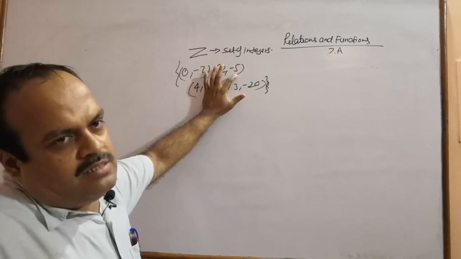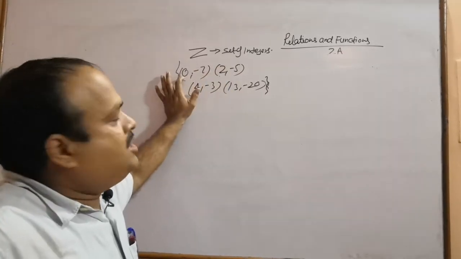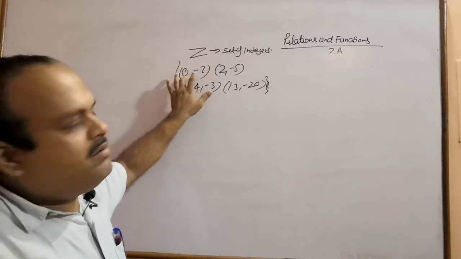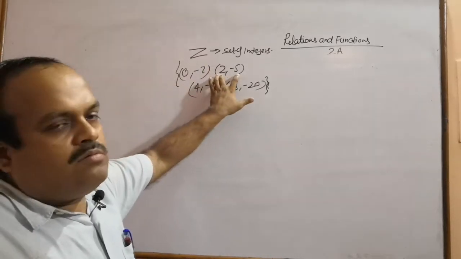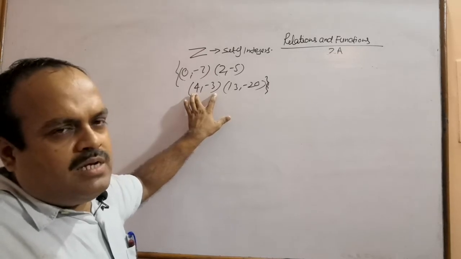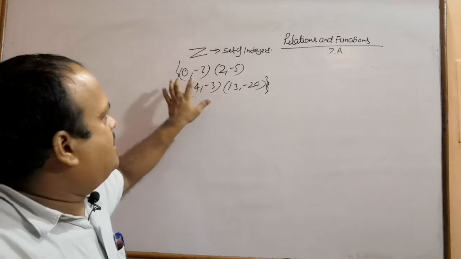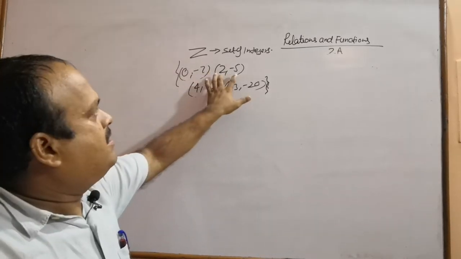I think you just examine 0, -7, 2, -5, 4, -3. So when I read and start thinking, I come to know that the difference of this is 7.